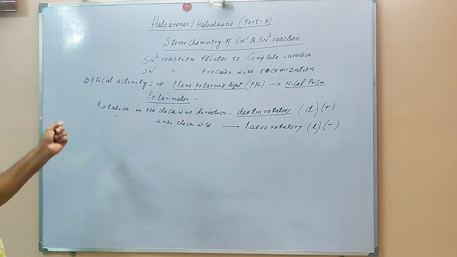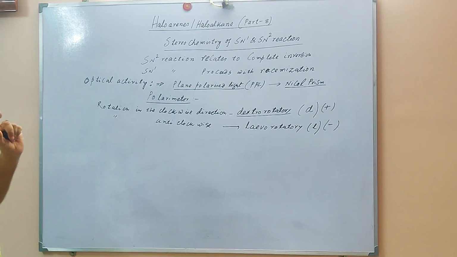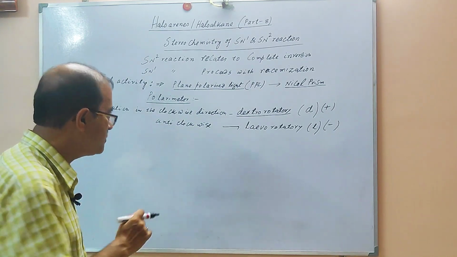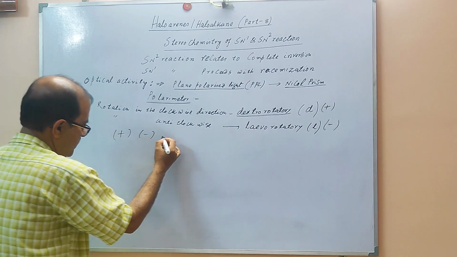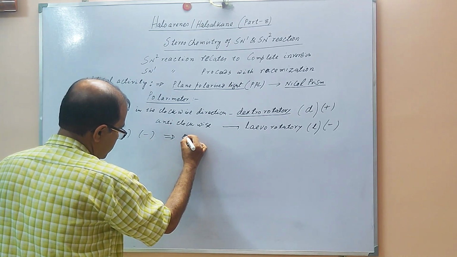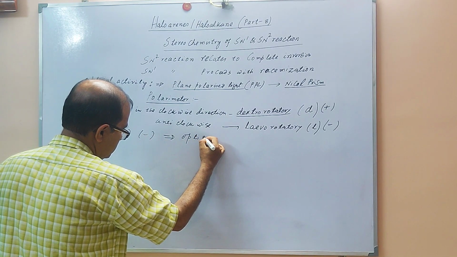Compounds having this type of plus and minus rotation are called optical isomers.